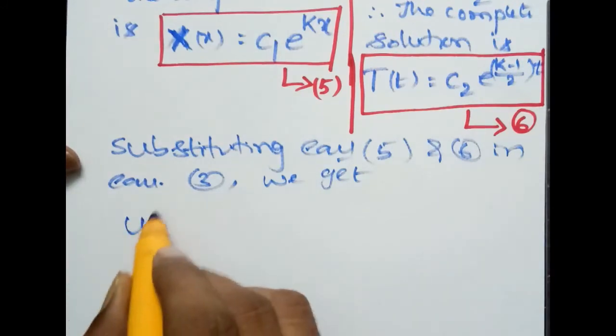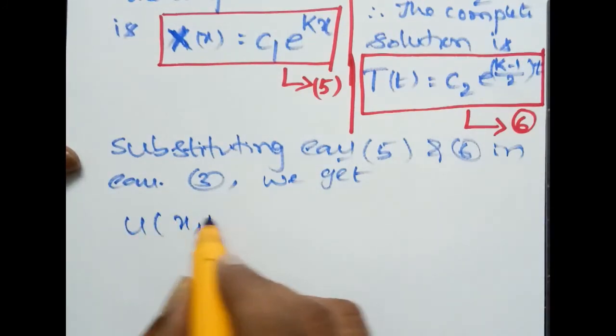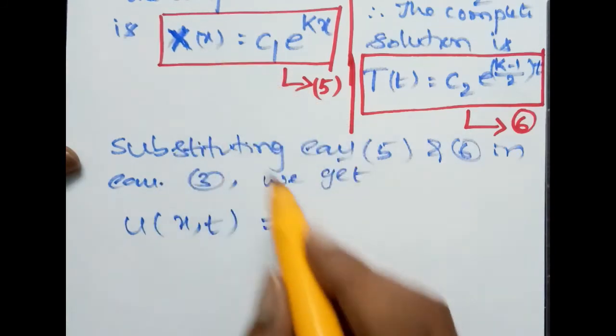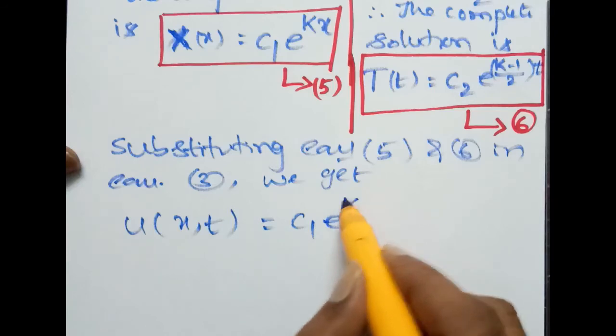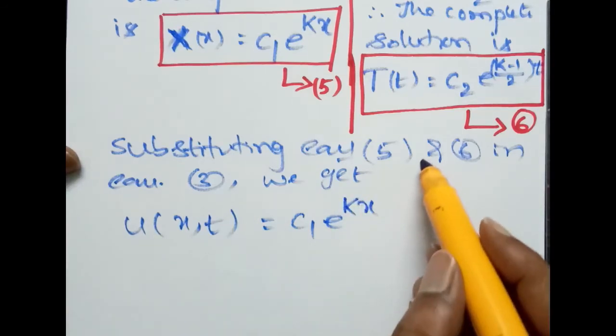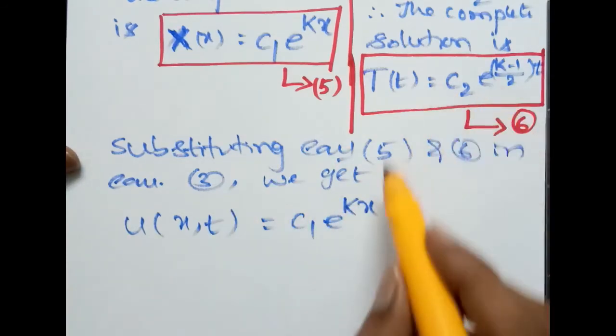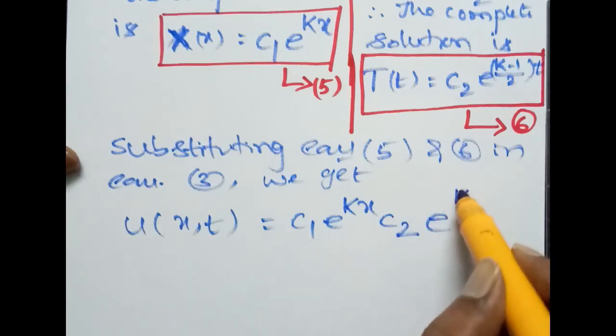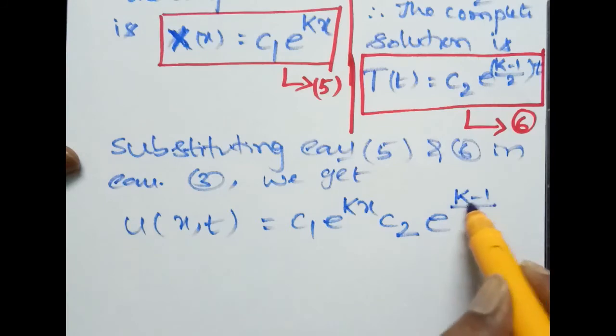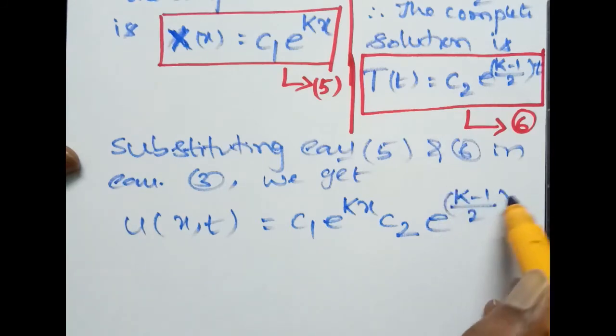Now u of x comma t equal to X of x, that is c1 into e to the power of kx, into capital T of t, that is c2 into e to the power of (k minus 1 by 2) into t.